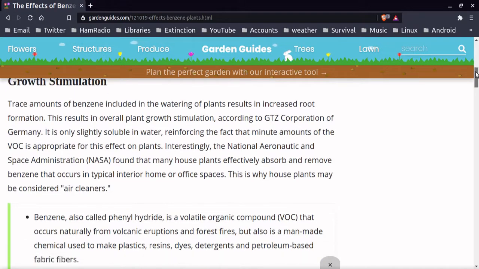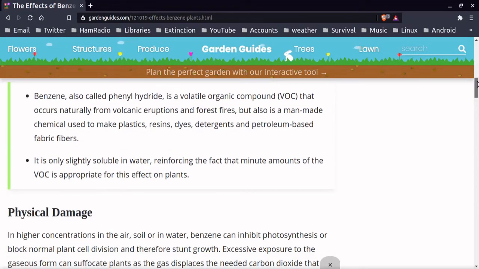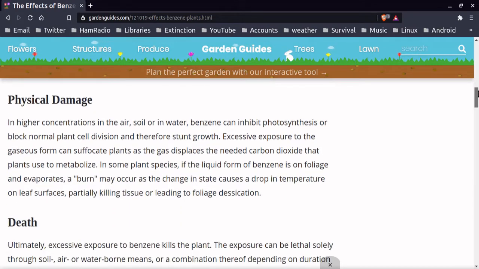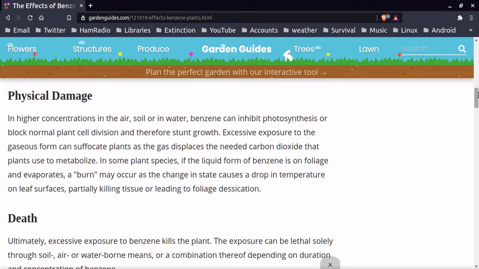If airborne benzene lands on foliage, it directly damages the tissue of some species, basically functioning as a defoliant. At high concentrations, benzene outright kills plants. In other words, from two different approaches, benzene is an effective herbicide.